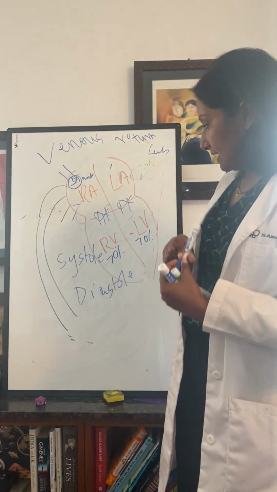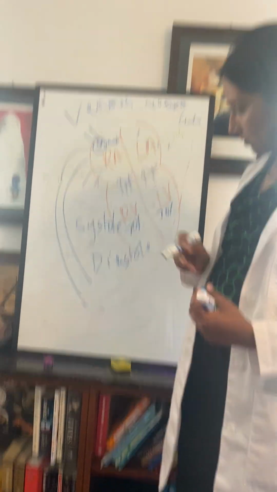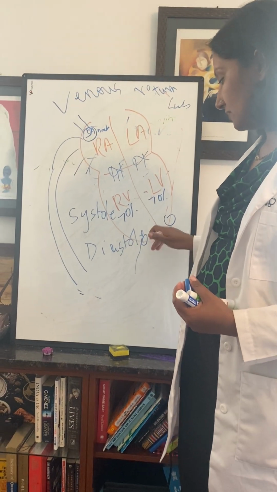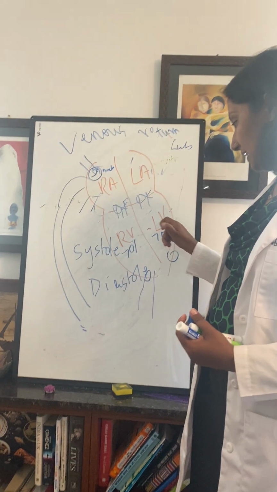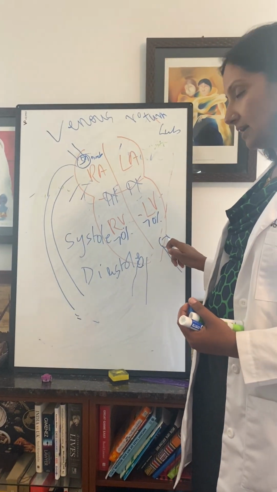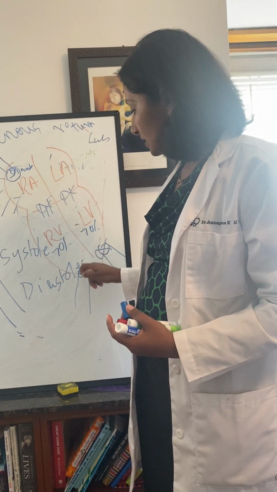Now, at this stage, the atrioventricular valve is closed. The semilunar valves, that is the pulmonary valve between the right ventricle and the pulmonary trunk, and the aortic valve between the left ventricle and the aorta, are also closed.